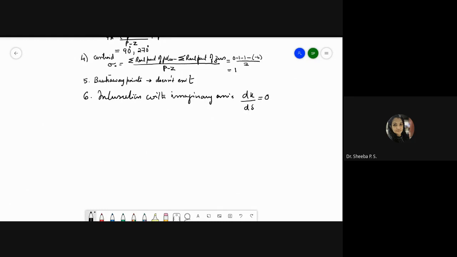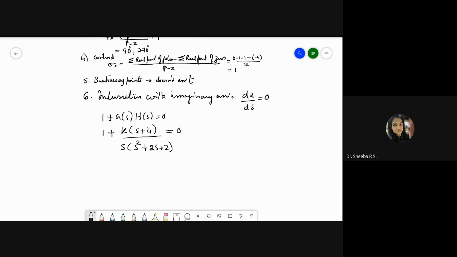So for finding this dk by ds, we have to take 1 plus g of s h of s is equal to 0, our characteristic equation. So 1 plus, what is our transfer function? Transfer function is k into s plus 4 divided by s into s square plus 2s plus 2. So this is 1 plus this, equal to 0.